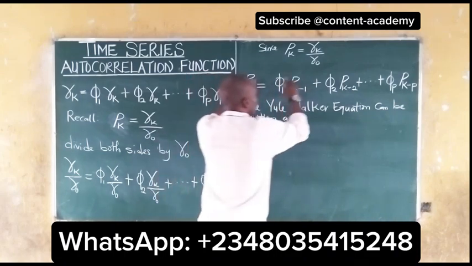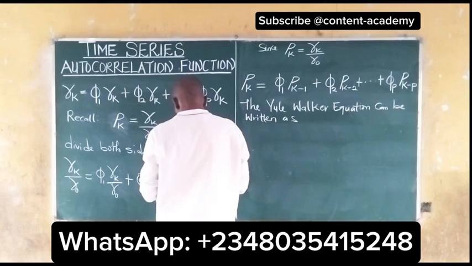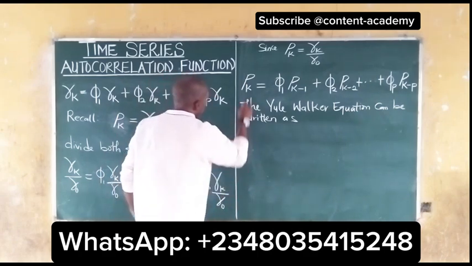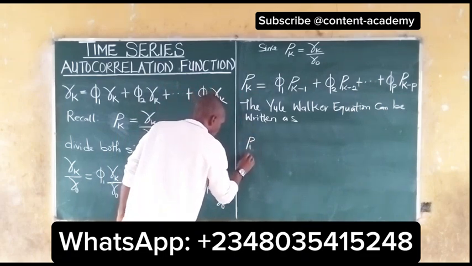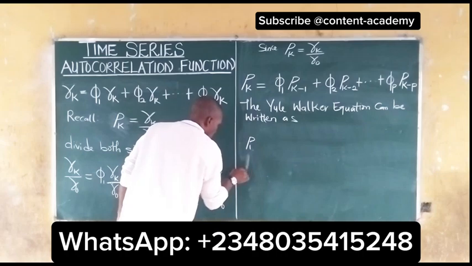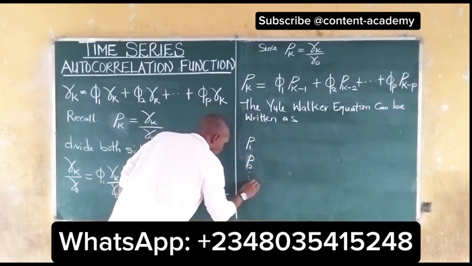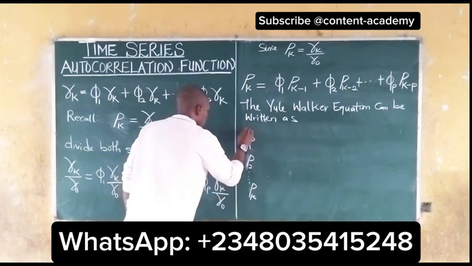Now we use the whole of this to form our matrix. For this we have rho_1 to rho_p, the autocorrelations.